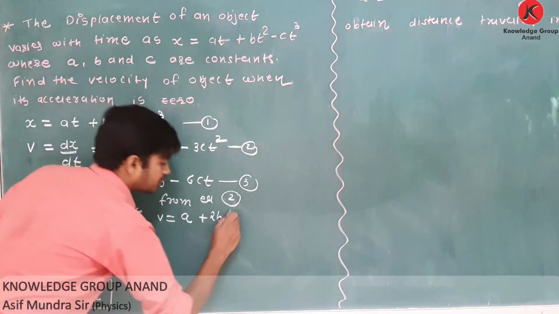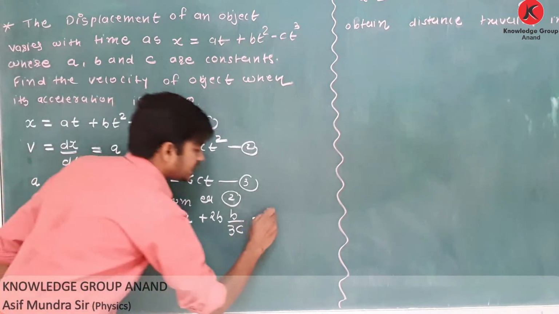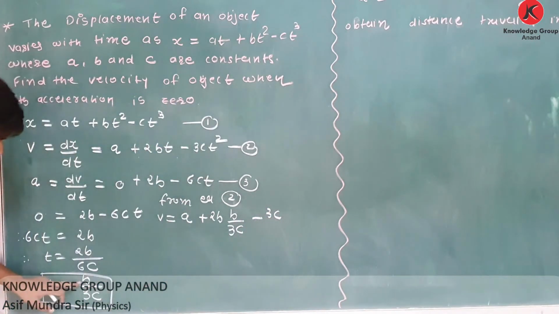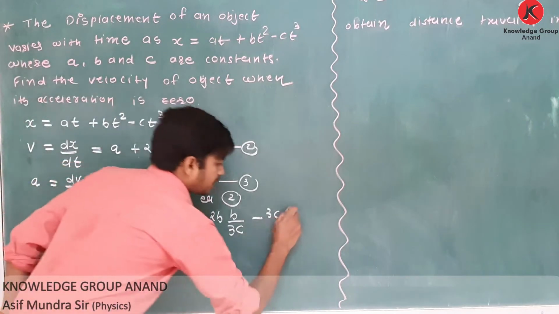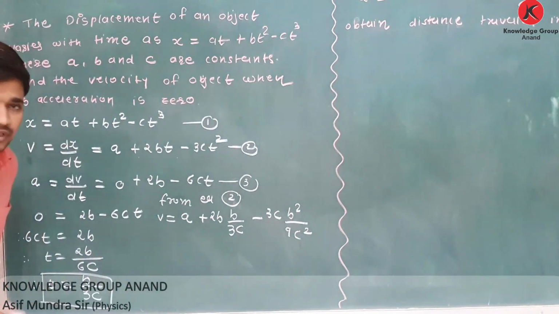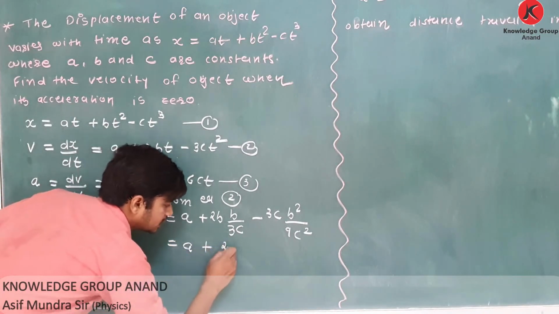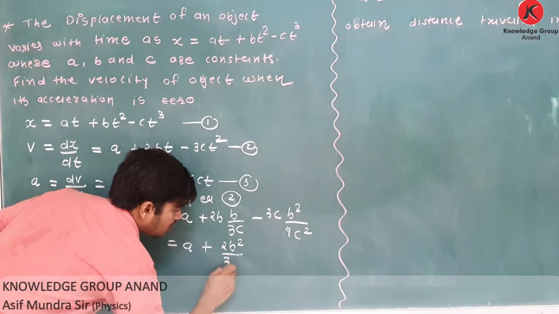It is b upon 3c. Minus 3c, what is value of t? It is b upon 3c, means square. So it is b square upon 9c square. Clear about this? Okay. So v is equal to a plus 2b square upon 3c.